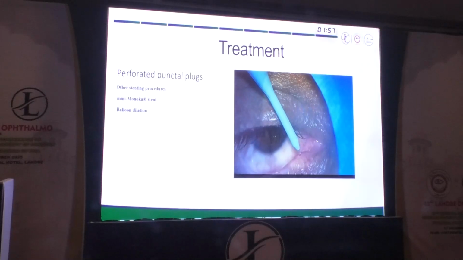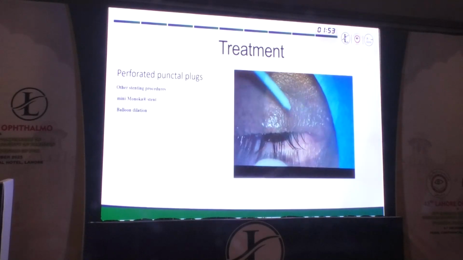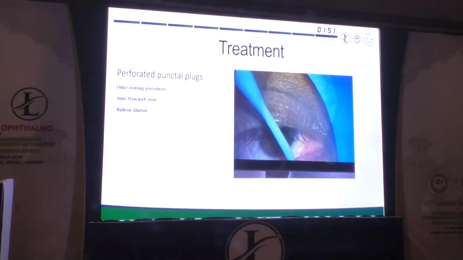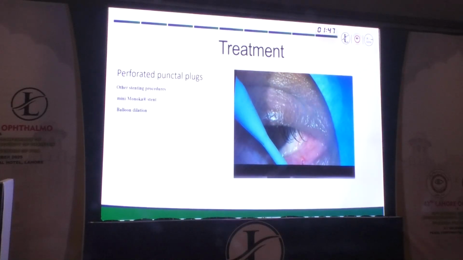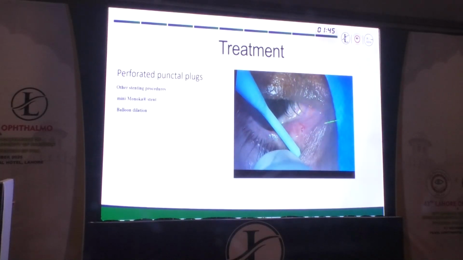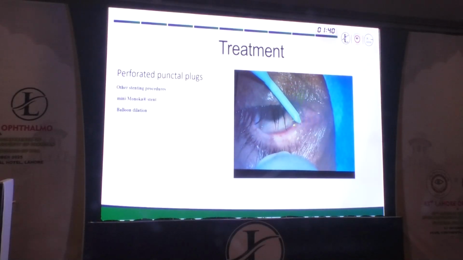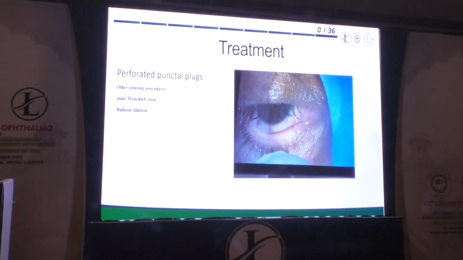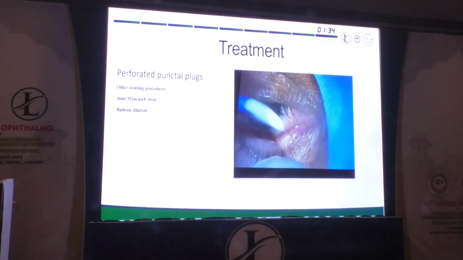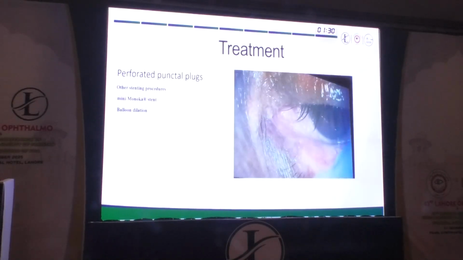These plugs are available in various sizes, so you can order according to what the punctum looks like, either small, medium, or large. Once placed, the upper flange should sit outside the punctum, and this is perforated so that the tears drain through it into the canalicular system.